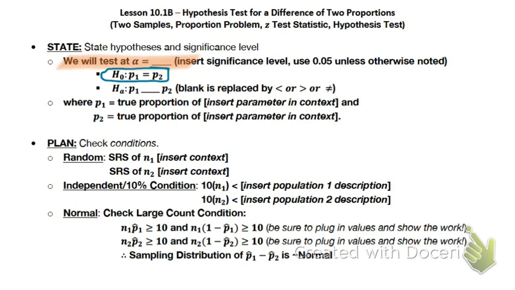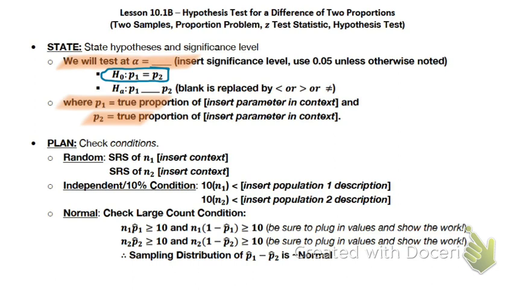But we're going to have a suspicion. The suspicion is probably going to be that one of them is greater than the other, or maybe we don't know how, but we just think that they're different, so that they're not equal to each other. We're going to define our parameters, and we're going to have to define them both.